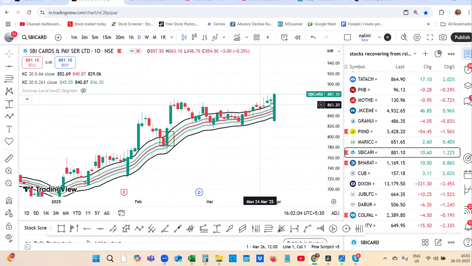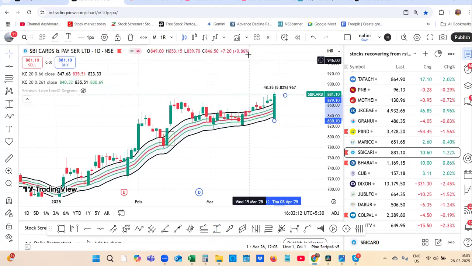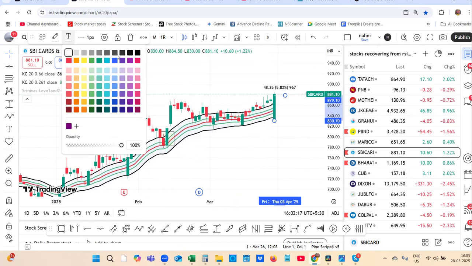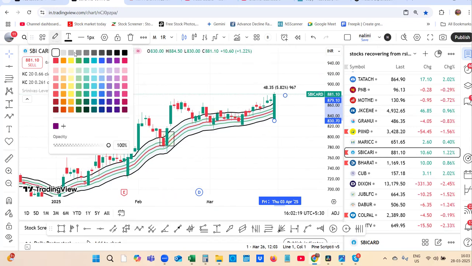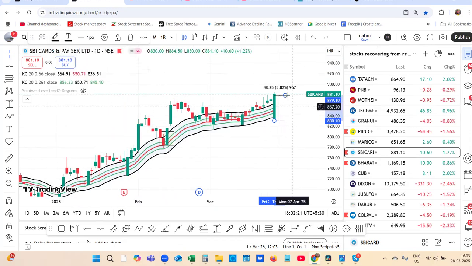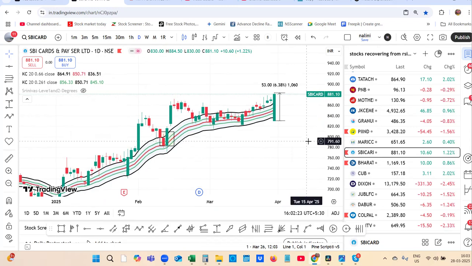From 820, today's move, my God, if you would have taken this, 6% move within a single day. So like that, you will get the stocks, and this is the best.